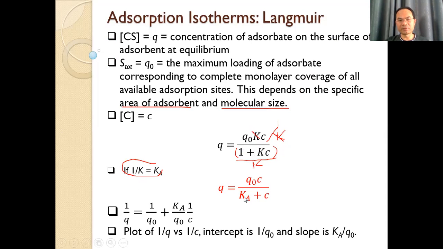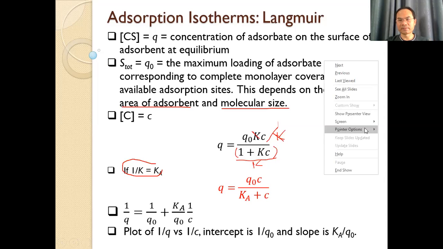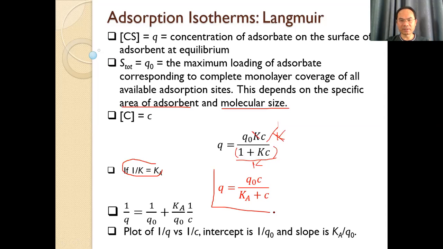You get Q equal to Q0 C divided by Ka plus C, and then you can rearrange this equation. This is the Langmuir isotherm.